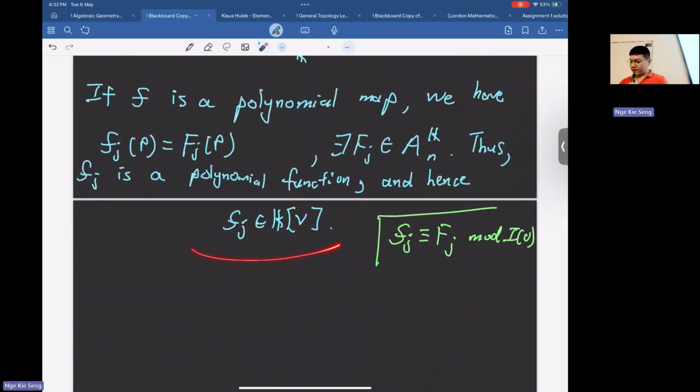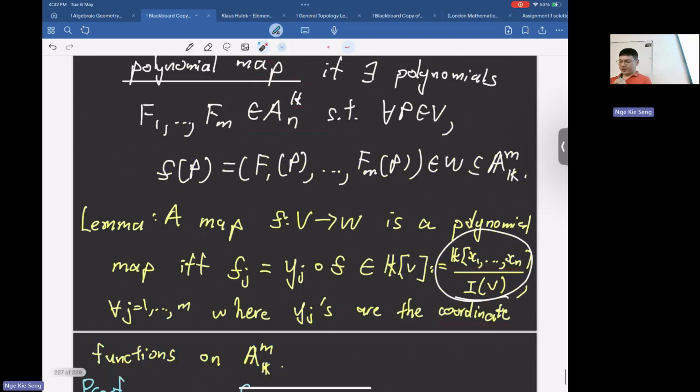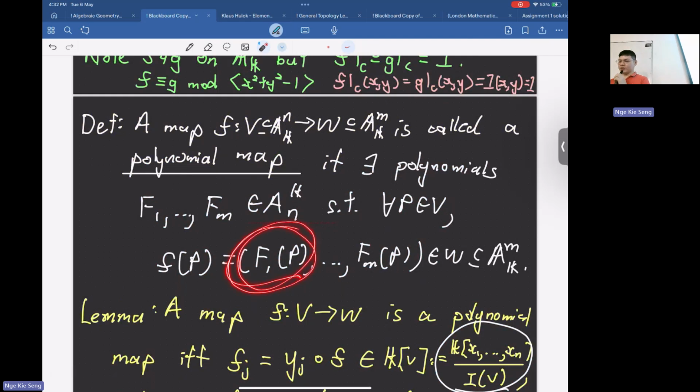Okay, but this part here, Adrian, do you buy it or not? Why? So where do you pick these polynomials from? This is actually a question. Yeah, the polynomial ring.